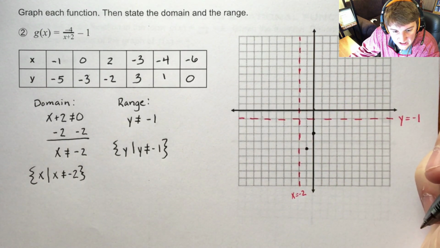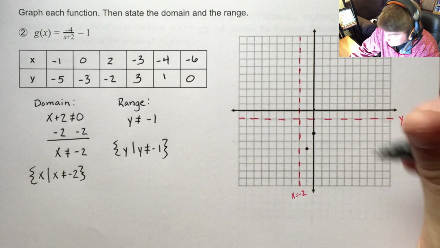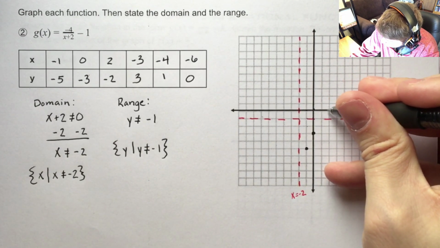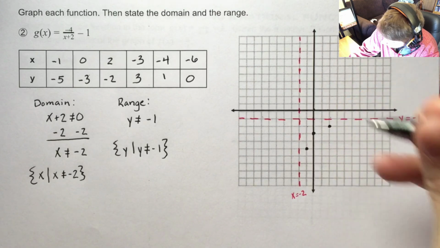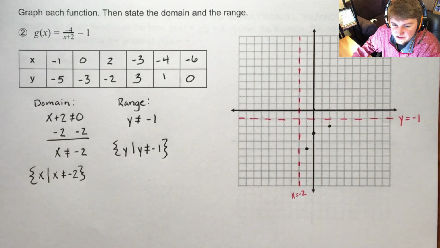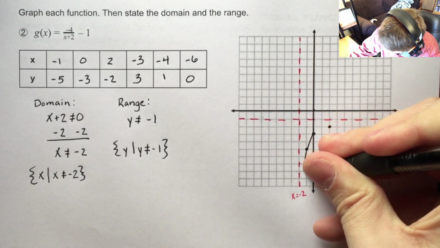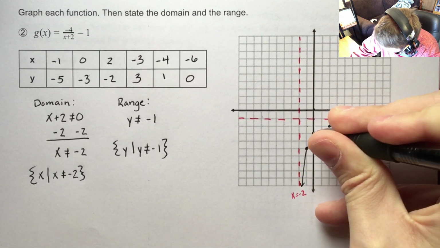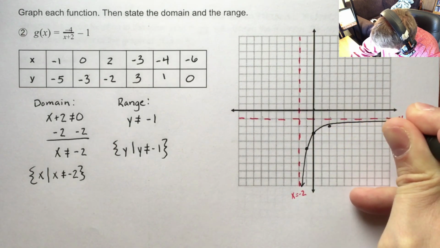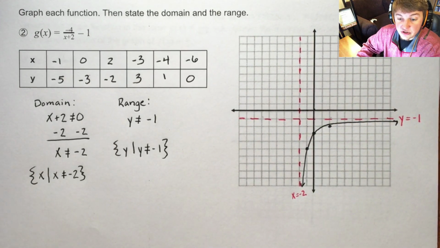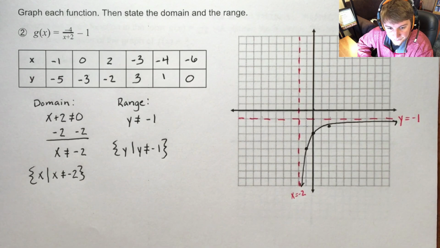And then the next one looks like it will be 2, -2. 1, 2, -1, -2. Okay, and then that is basically the pattern my branch is going to follow, so we can just sketch it out from there. Please do not cross the asymptotes, because we know that we're getting closer to them, but we're never touching.